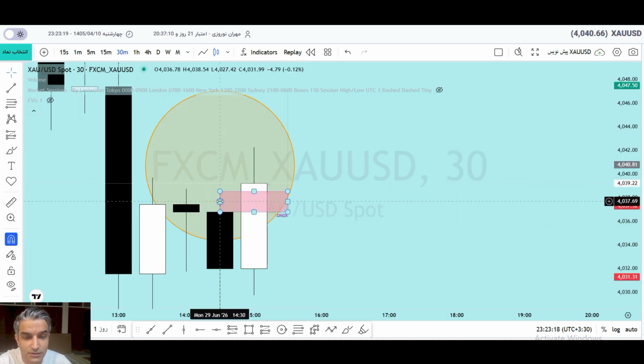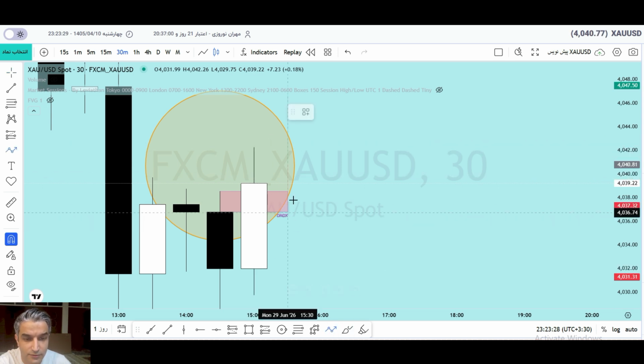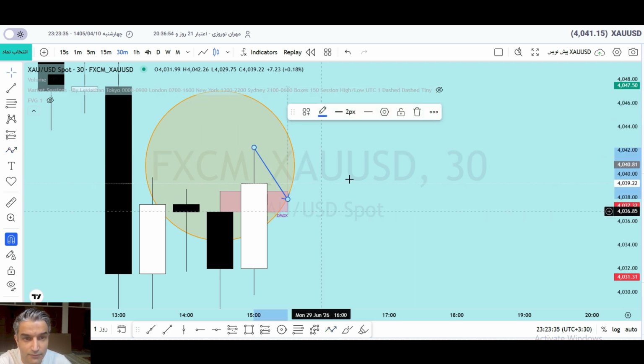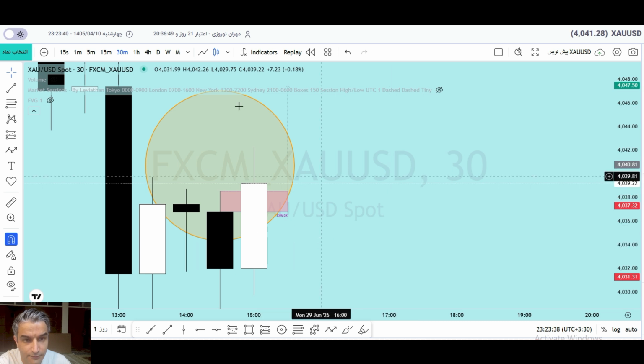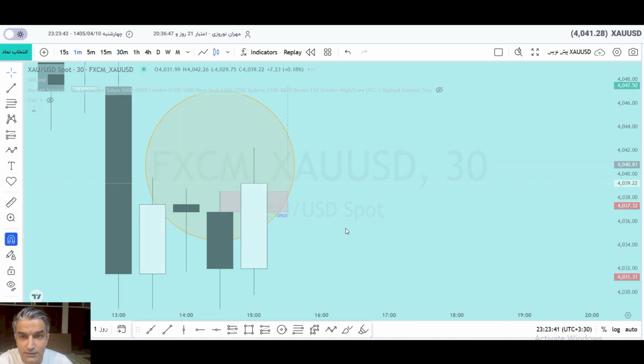As you see, my second entry is DMD2, a double Marubozu, that price broke very fast and price came back to the zone and then goes up. Let's see it in 1 minute.